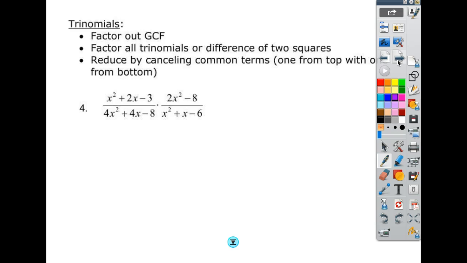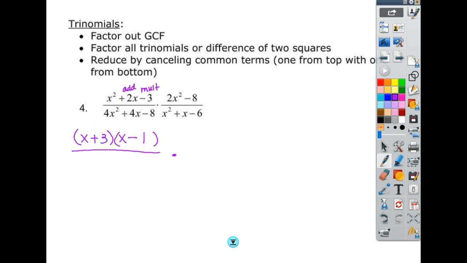So in the numerator here, what multiplies to negative 3 and adds to 2? What's the only multiple of 3? 1 and 3. We just have to get the signs right. It has to be a positive 2, so who gets the positive?